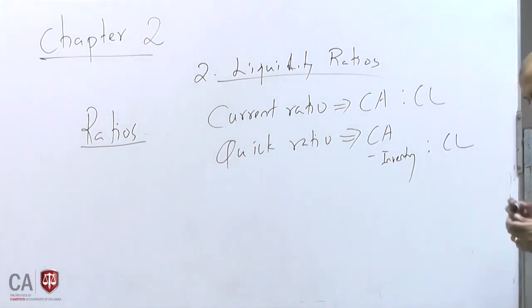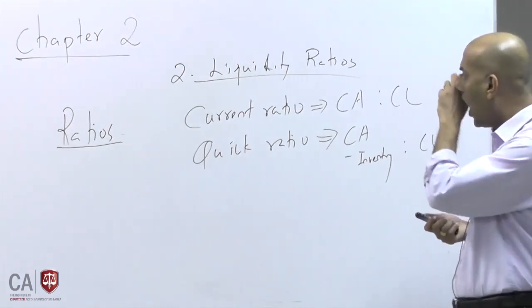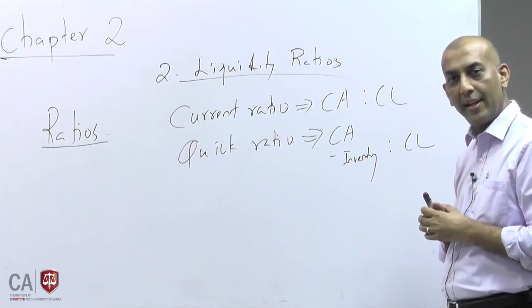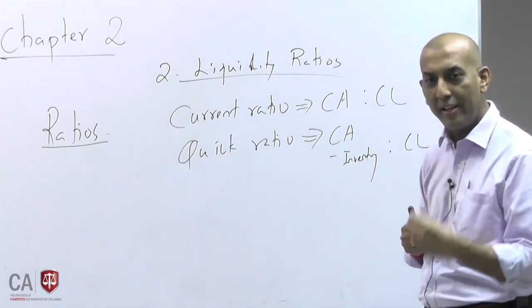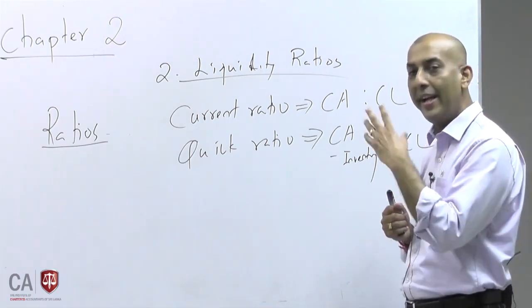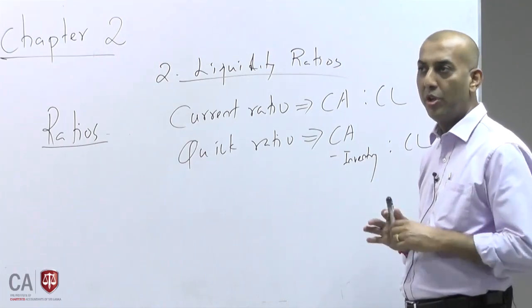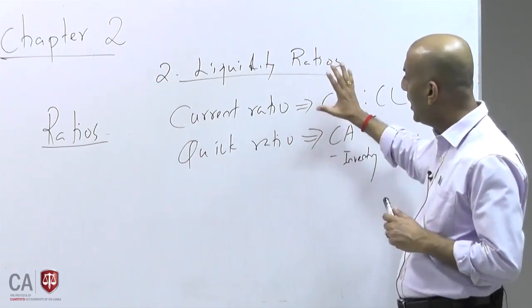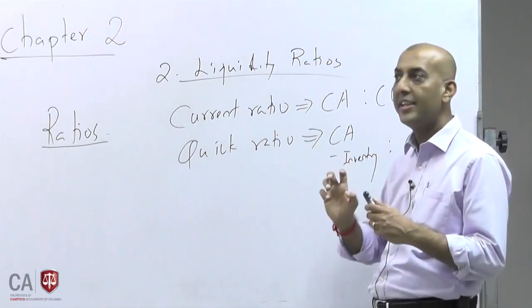Now these two ratios basically tell us how liquid your company is. How liquid means whether your company is able to meet day-to-day commitments, day-to-day liabilities.